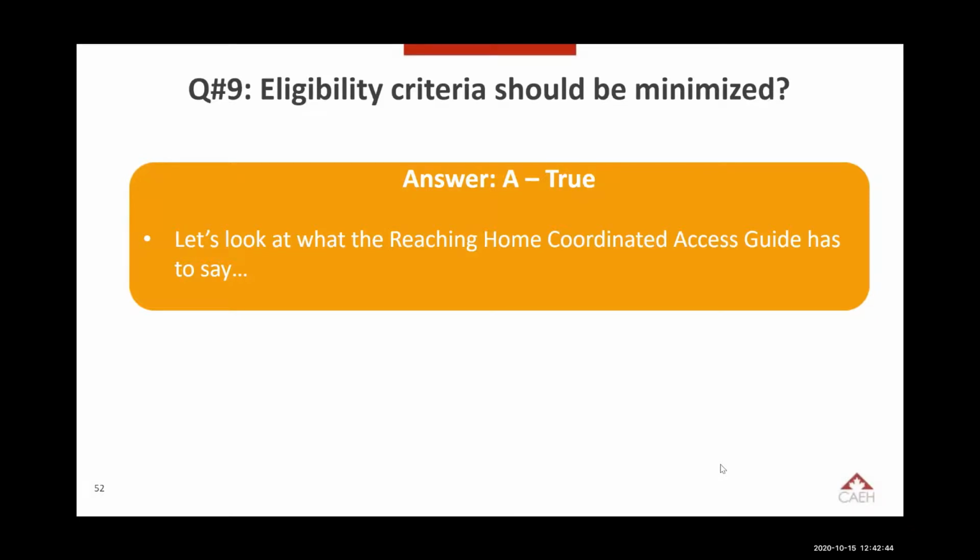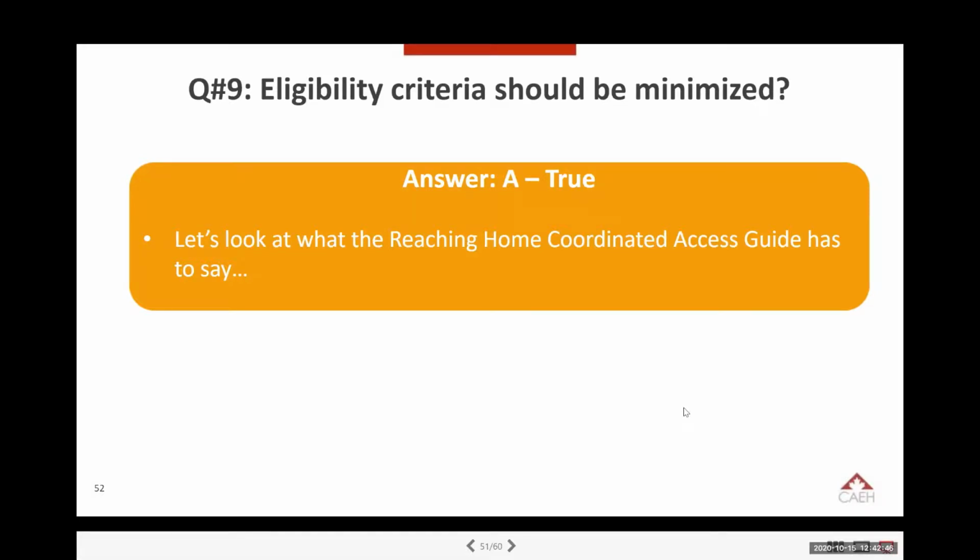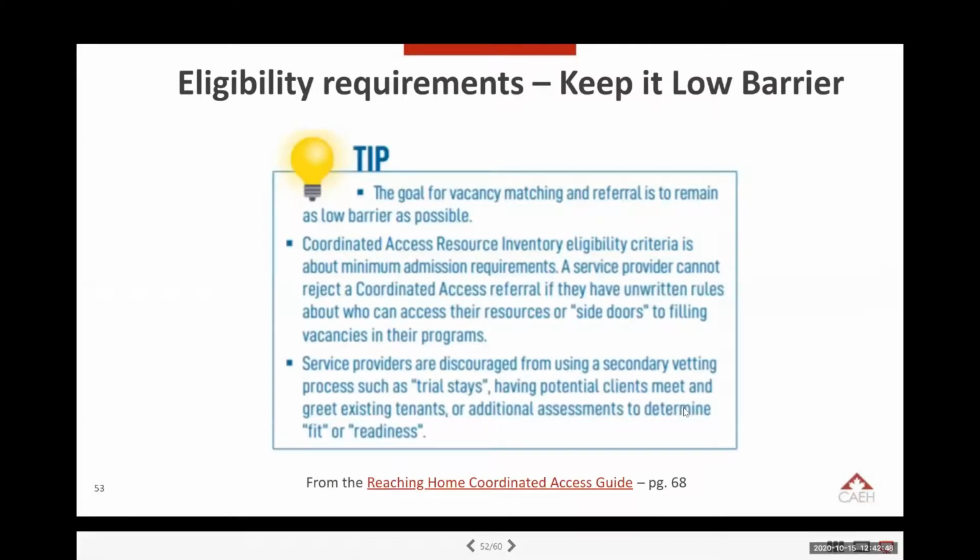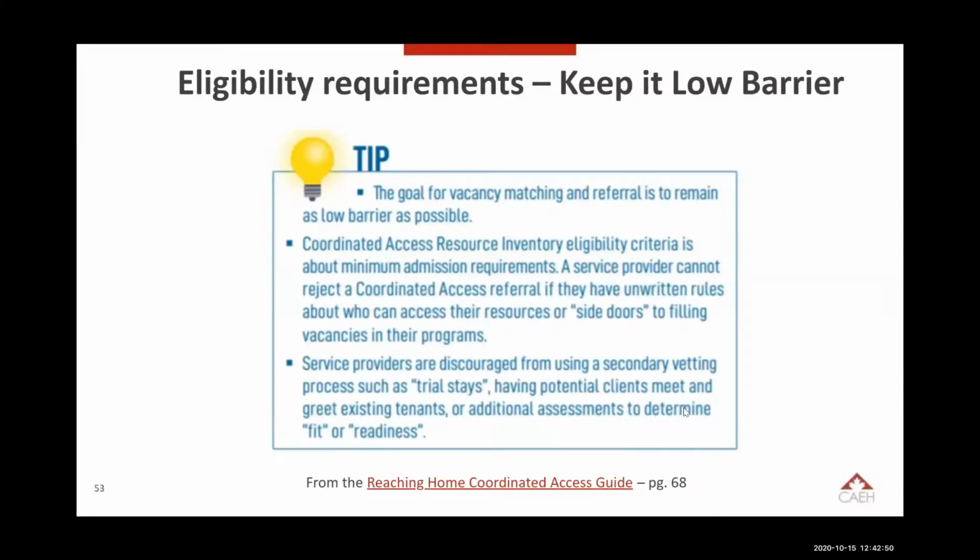So let's look at what the Reaching Home Coordinated Access Guide has to say about this. One of their tips is to keep it low barrier. The goal is to remain as low barrier as possible, to really think about whether there are any unnecessary minimum admission requirements.